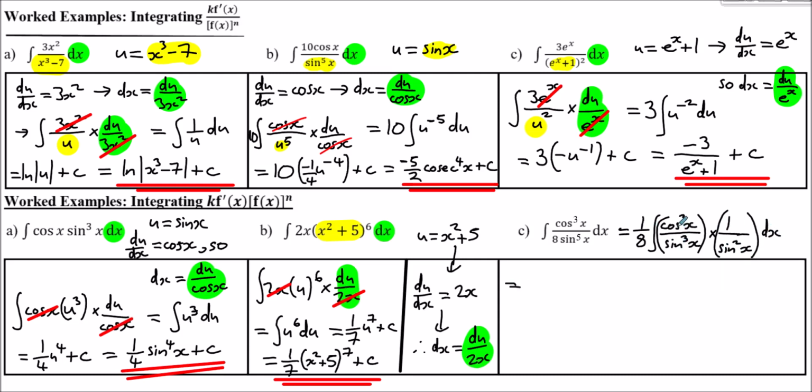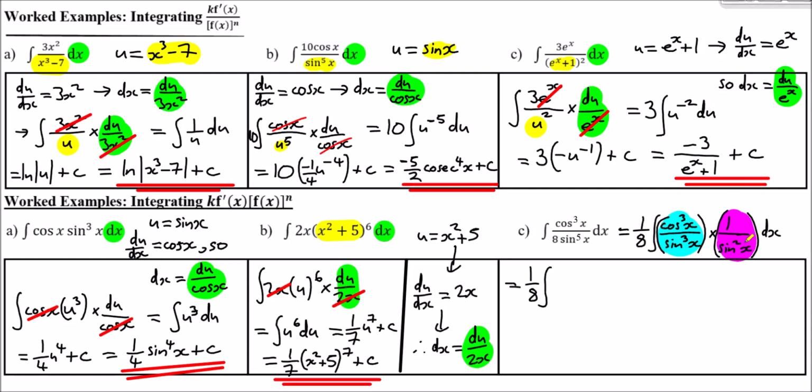So let's think about what cos over sine is. Well, cos over sine is the reciprocal of sine over cos, which is tan. Reciprocal of tan is cot. Because it's cubed, this thing here is going to be cot cubed. And this one here, 1 over sine squared, 1 over sine is cosec. So 1 over sine squared is the same as cosec squared.